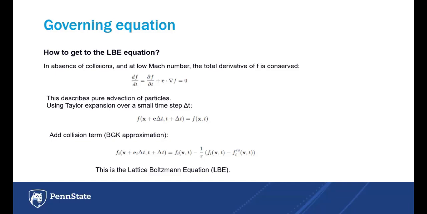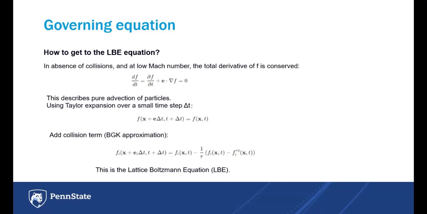This handles pure transport, but in reality, particles also collide. To model this, we introduce a collision operator. In the simplest approximation, known as BGK, the post-collision distribution relaxes toward equilibrium, which gives this function.